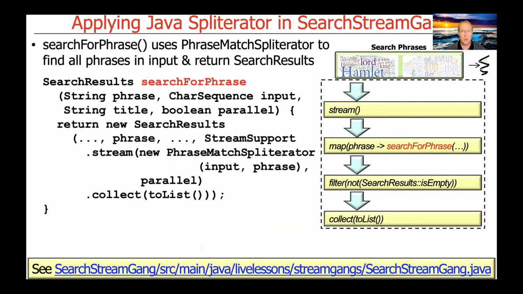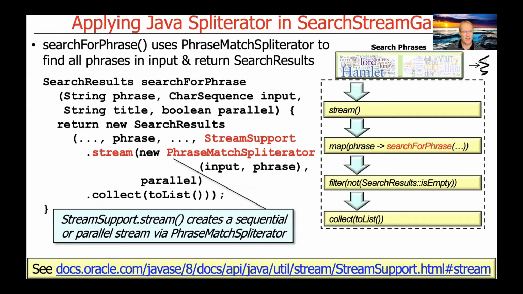Here's the way we actually use this in our program. There's this searchForPhrase method. We've talked about this a couple of times. You can find this in the SearchStreamGang class. The key part here is the part that's going to make a stream of matches where the phrase we're searching for is found in the input string.